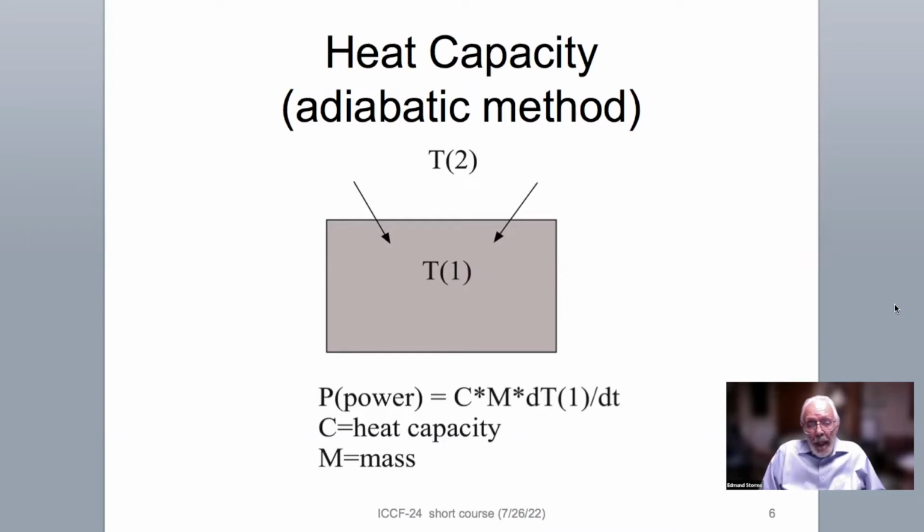The temperature of the apparatus itself changes as heat is generated within the apparatus, and that temperature change times the mass times the heat capacity is equal to the power. Once again, we don't know the heat capacity of the apparatus. Furthermore, there's lots of different components in the apparatus, each with different heat capacity. And the temperature is not uniformly distributed among all of these components. So once again, the value of C times M must be calibrated.